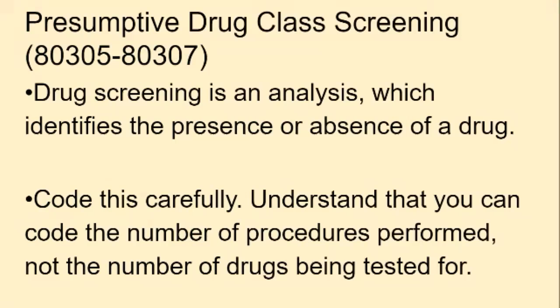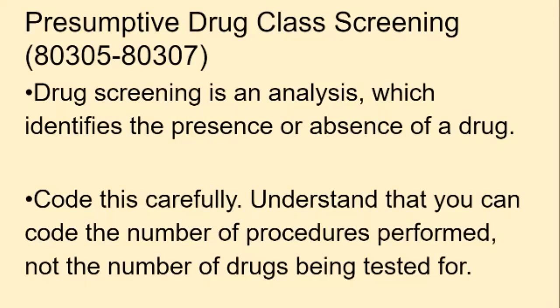Okay, let's talk about presumptive drug class screening, 80305 through 80307. Let's go ahead and turn in our CPTs there. There are going to be some rules and regulations there that you can read over. Drug screening is an analysis which identifies the presence or absence of a drug. Code this carefully.